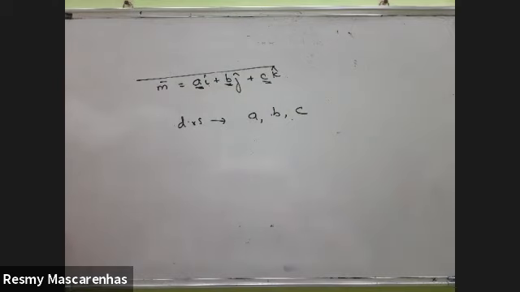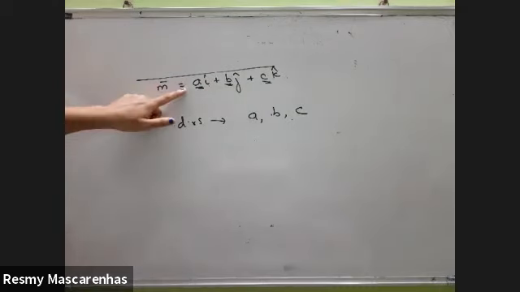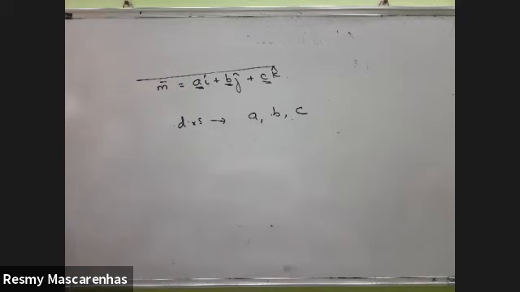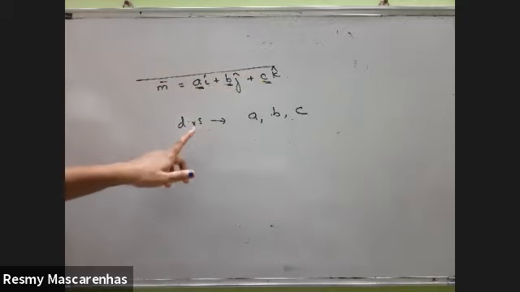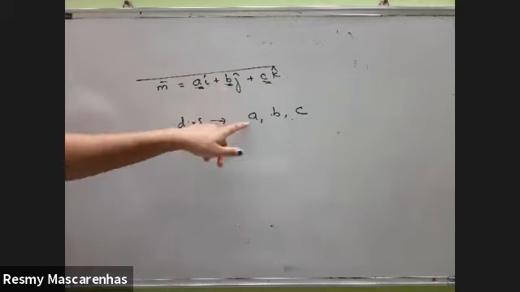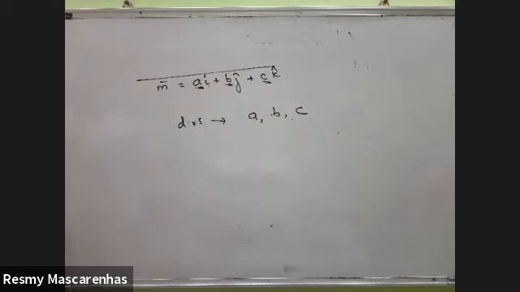Many times in the problems they will give you like this, so you have to know. I will ask you what are the direction ratios of this line. You should quickly tell me whatever are the coefficients of i, j and k will be the direction ratios a, b and c. Reverse also.